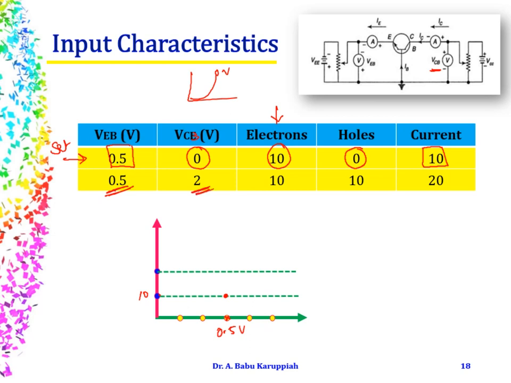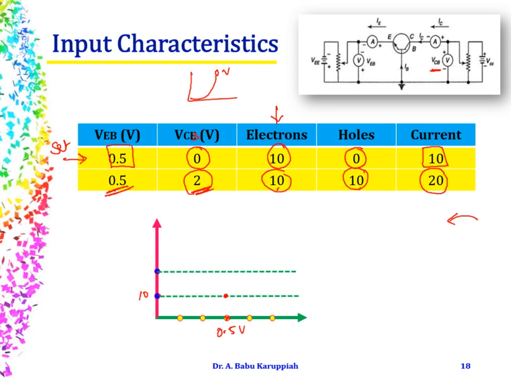Because of this 0.5, emitter current is going to be 10, and due to this 2 volt supply, I have 10 holes coming inside the emitter. So already there is 10. Now I have an additional 10. So altogether, the magnitude of my emitter current increases to 20.